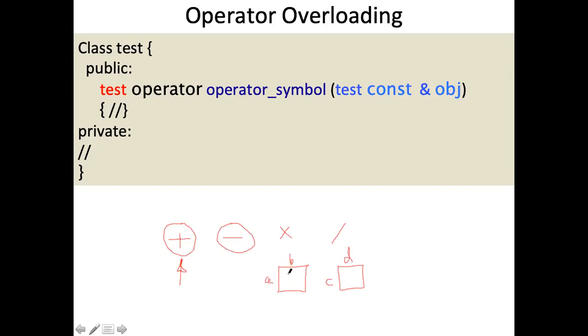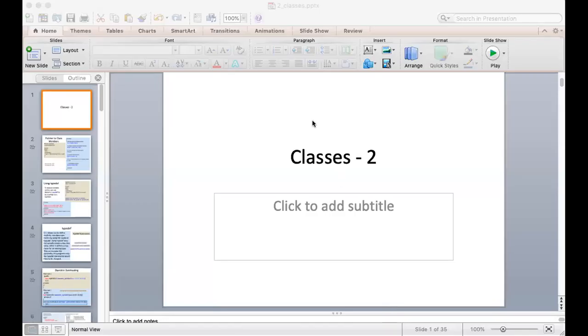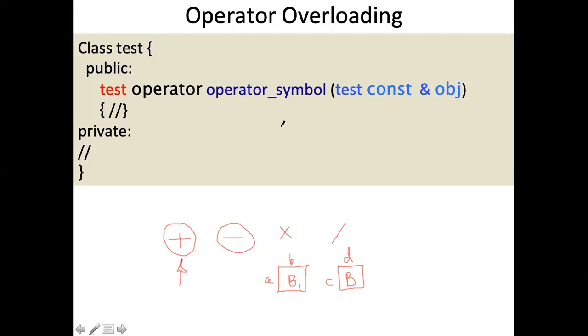Let me call this box capital B1, and let me call this box capital B2. Okay, so you can see this. Let's say that these are two boxes, B1 and B2.